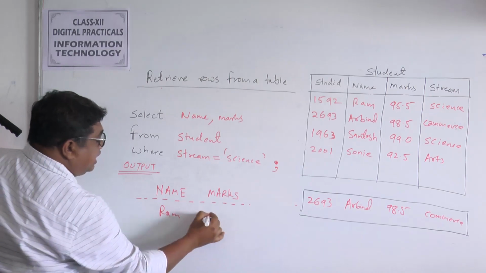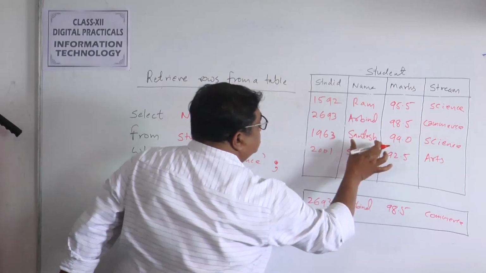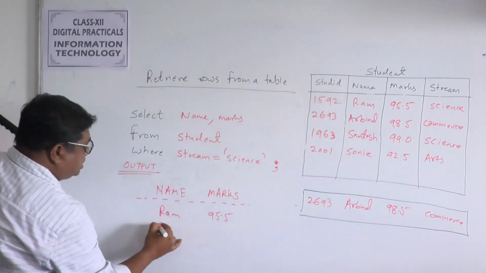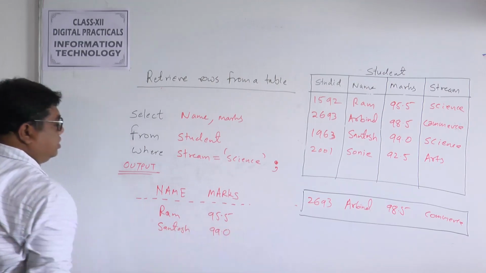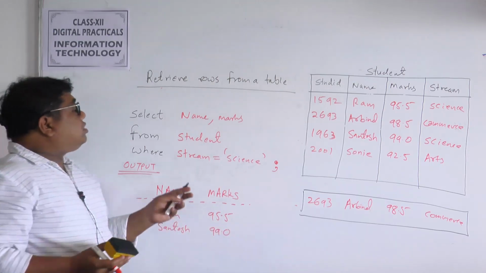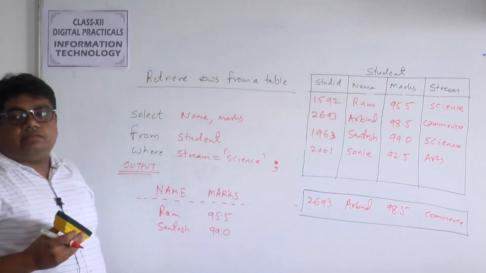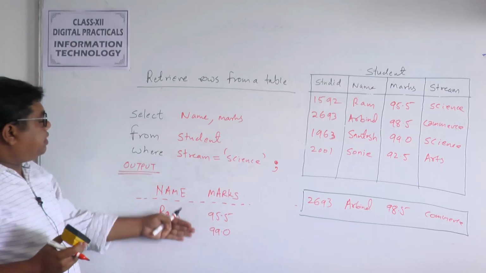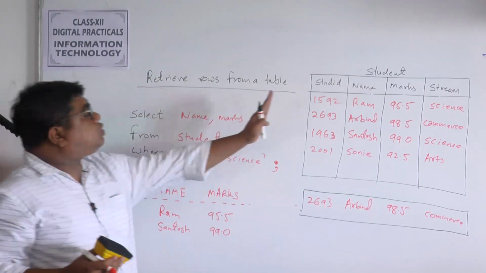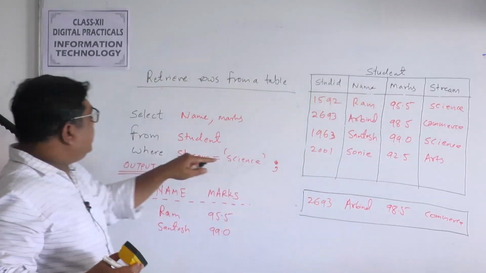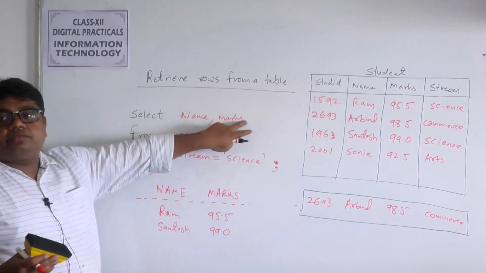Then this is also science, so it will give Santosh and 99.0. Since these two rows satisfy the condition, the output will be this. And why did it give the column heading as name and marks only, why not the student ID and stream? Because we have used two column names here, that is name and marks.